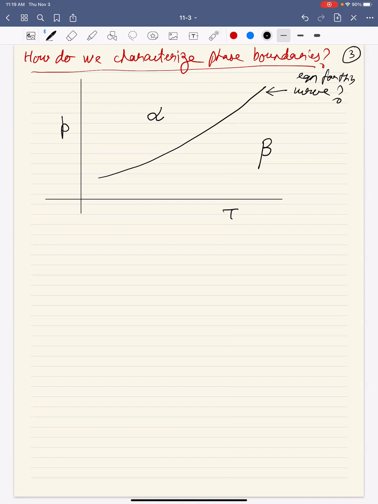So in order to understand how this boundary looks like, imagine two phases, alpha and beta, are in equilibrium.